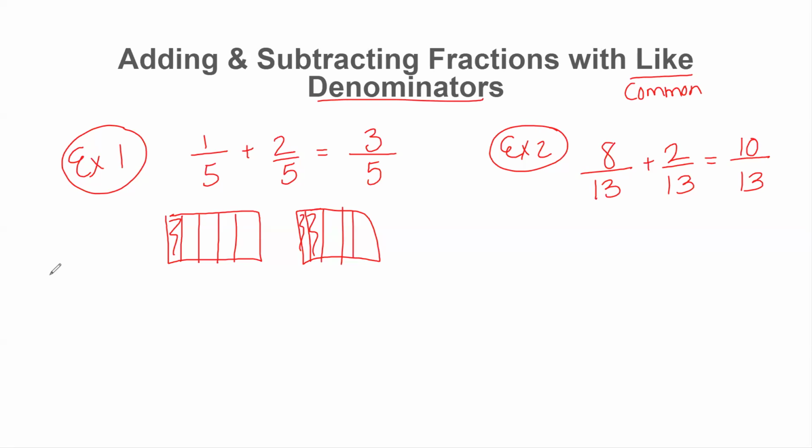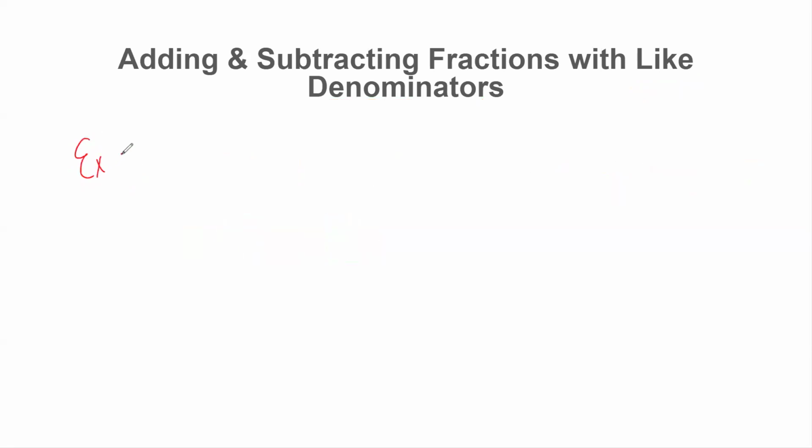Okay. Let's do one where we get to simplify the answer. So example 3, how about 5/8 plus 1/8? So again, they have the same denominator, keep it, and 5 plus 1 is 6.